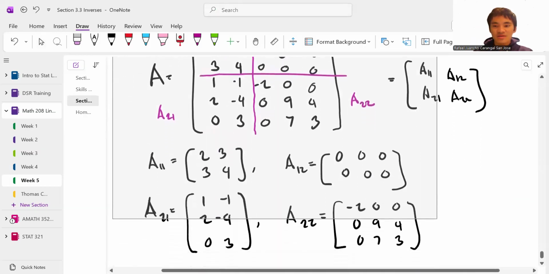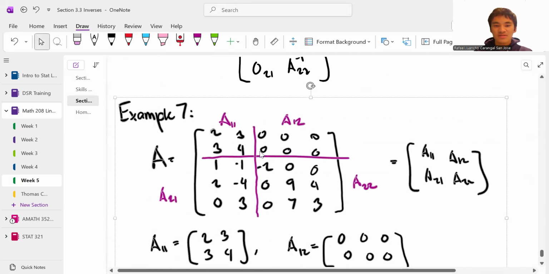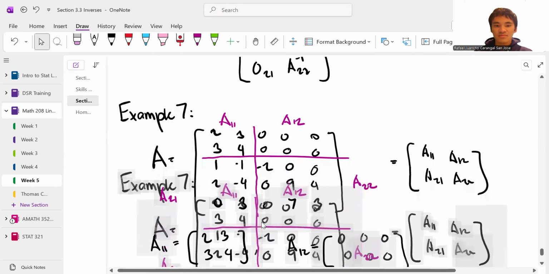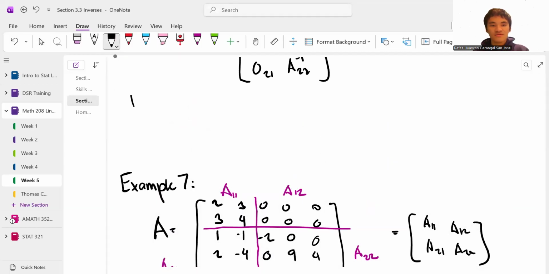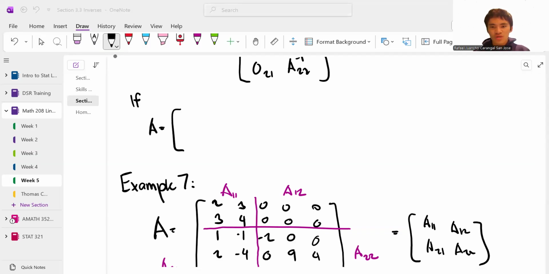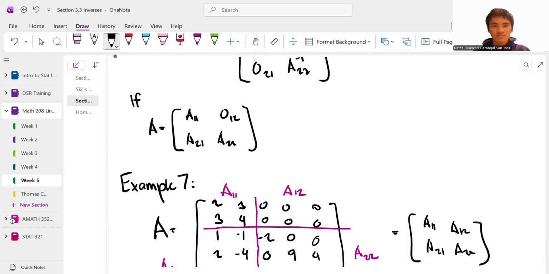Anyway, if we have a block lower triangular matrix, basically a lower triangular matrix but made of blocks, we say something like: if A is a block lower triangular matrix, A11, 0, A21, A22, this thing here is lower triangular but it's made of blocks, so it's a block lower triangular matrix.